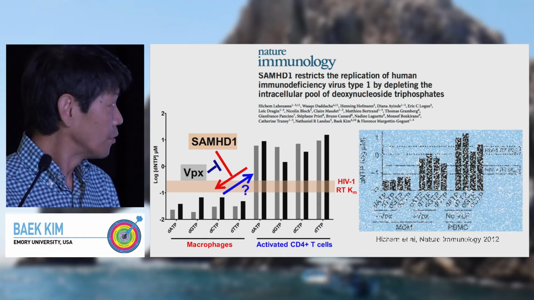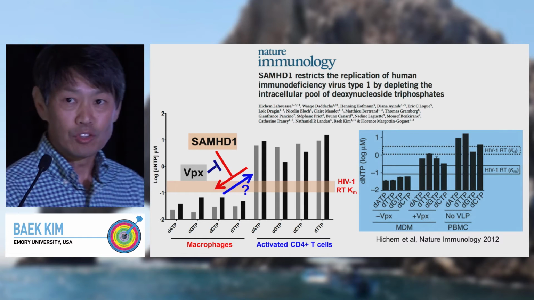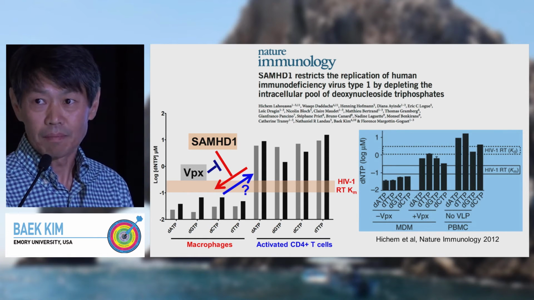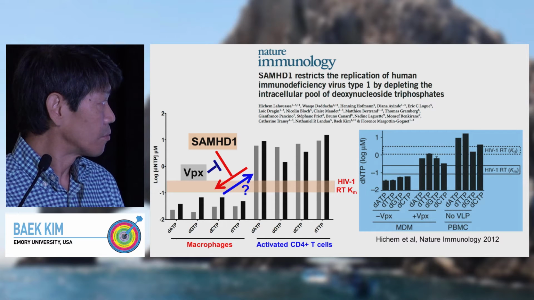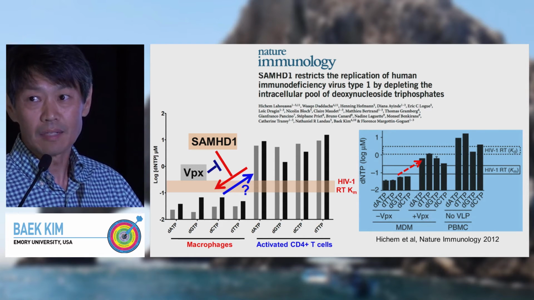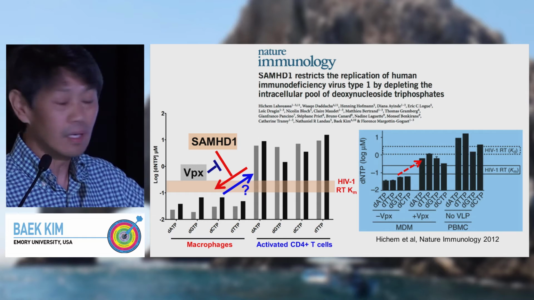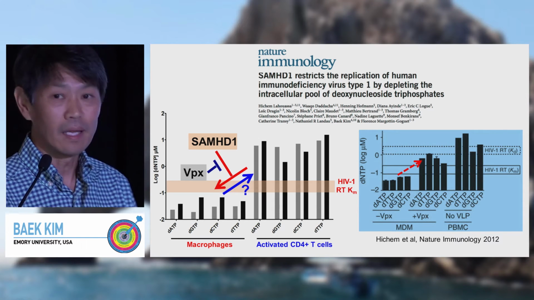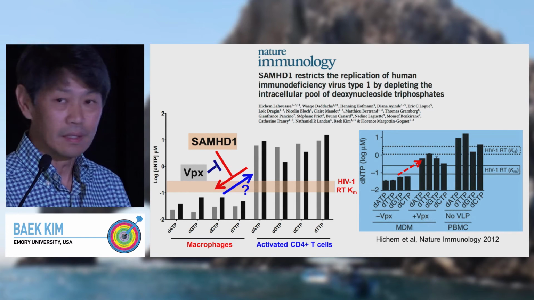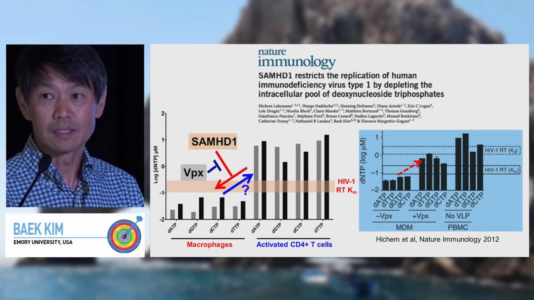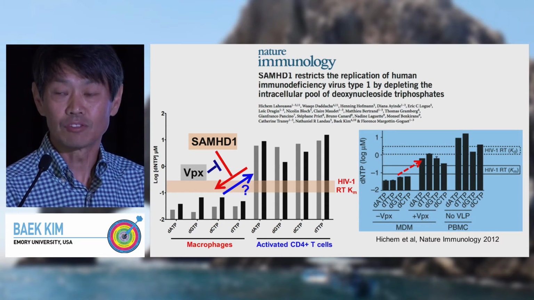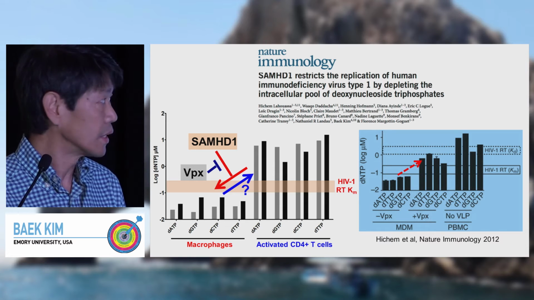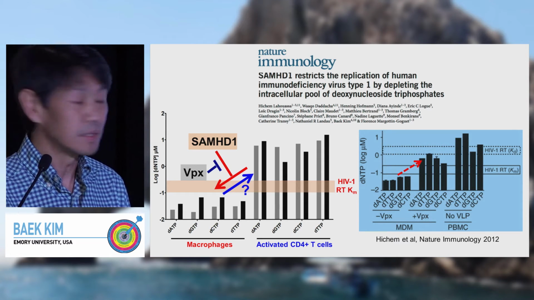That's what we found. When you treat macrophages with virus-like particles with and without VPX, you see the elevation of dNTP above the Km level of RT, which supports the idea that VPX elevates dNTP concentration and then accelerates proviral DNA synthesis in non-dividing cells.